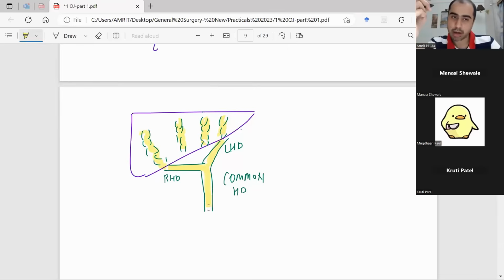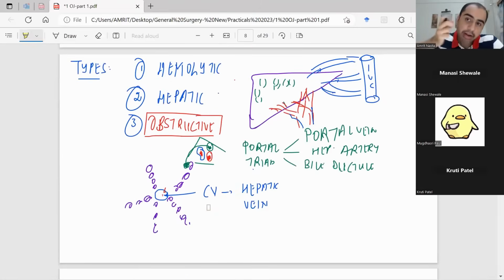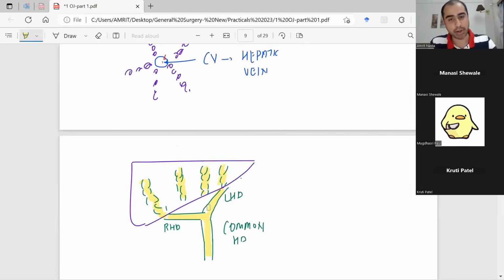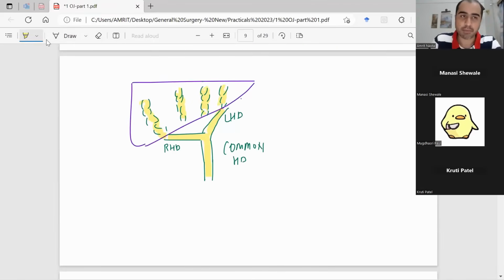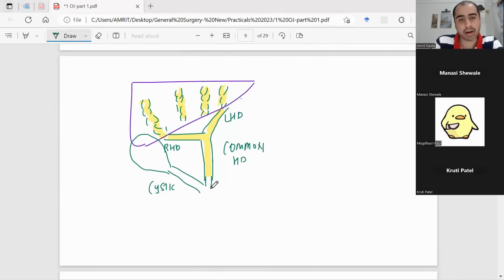So understand, blood flow enters, bile is exiting. That is the main difference: bile is coming out. Now bile is coming out in these bile ducts, which have become the common hepatic duct. This common hepatic duct will receive a duct from here, the cystic duct, which is coming from the gallbladder, and these two together will form the common bile duct.